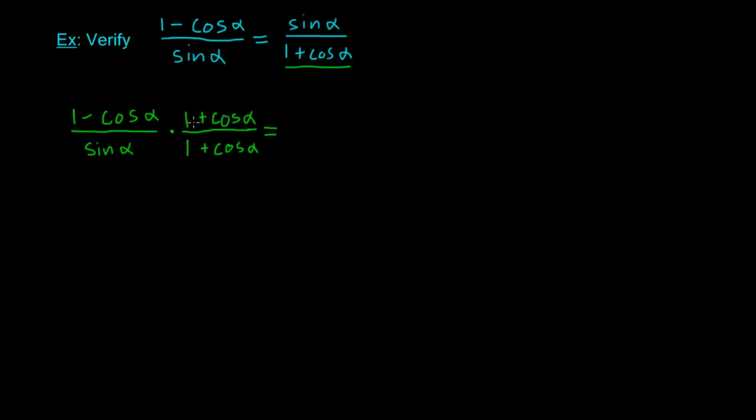So here on the top, I have 1 minus cosine alpha times 1 plus cosine alpha, so we know that equals 1 minus cosine squared alpha, or in other words, 1 squared minus cosine squared alpha with our a squared minus b squared identity. And on the bottom, for now I just have sine alpha times 1 plus cosine alpha.